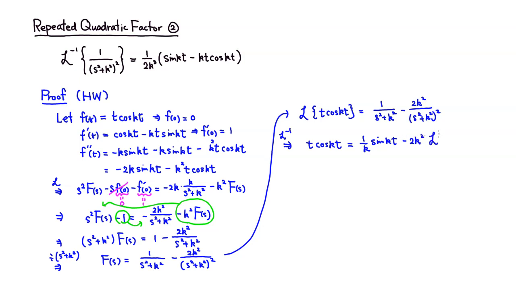Then you have the inverse Laplace transform of 1 over quantity s squared plus k squared, squared, right? So what I did was just pull this constant outside here and take the inverse Laplace transform of the rest of it.